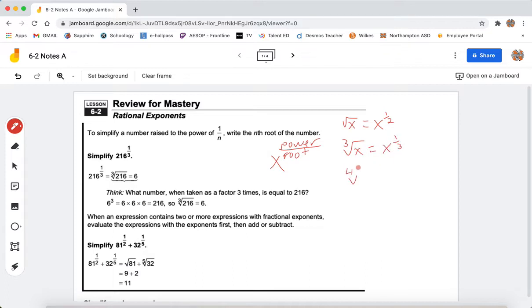Fourth root of x is x to the 1/4, and you get the idea there. Most of the time we're going to see square roots, cube roots, fourth roots. There's a fifth root here. We'll see some of those, but not too many. So that's x to the 1/5.